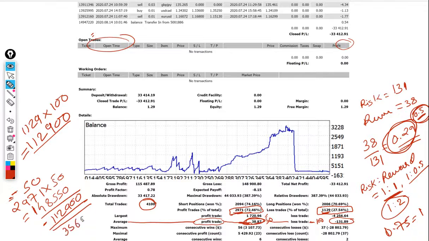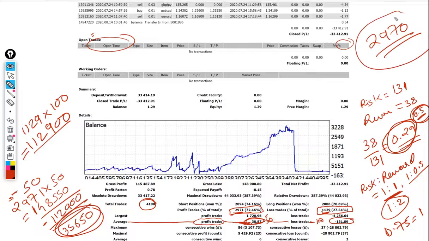He traded for 10 months, so the monthly return would be $3,500. If he had just increased his profit rate and reduced the loss from 131 to 100, we are not asking him for a big favor, just reducing the loss, then he could have made $3,500 profit per month, because these are 10-month profits.